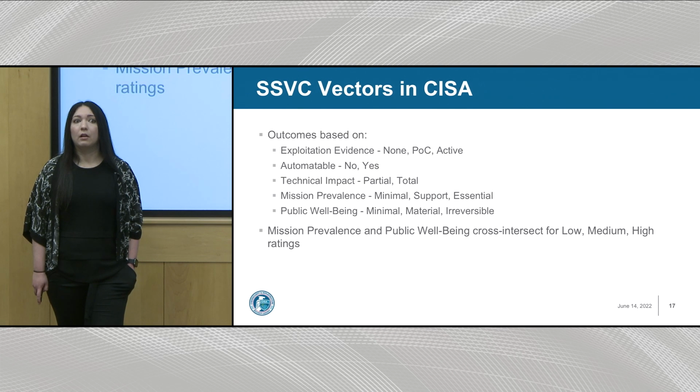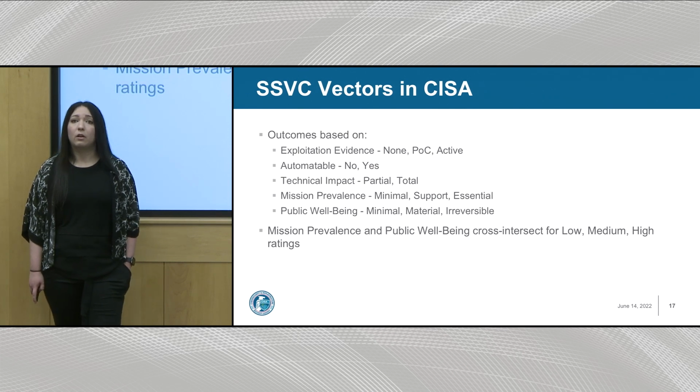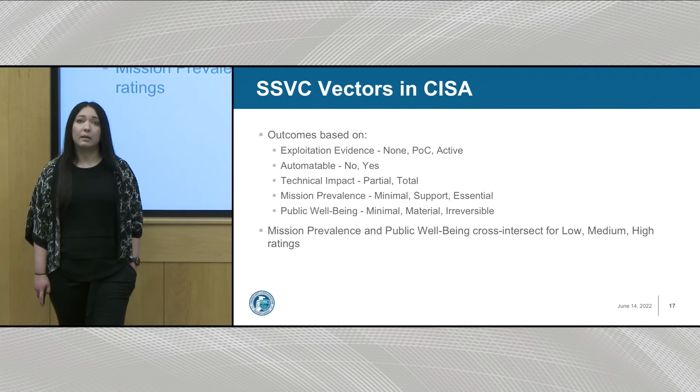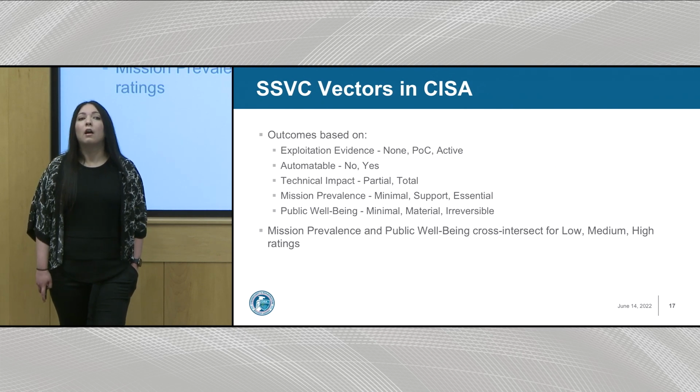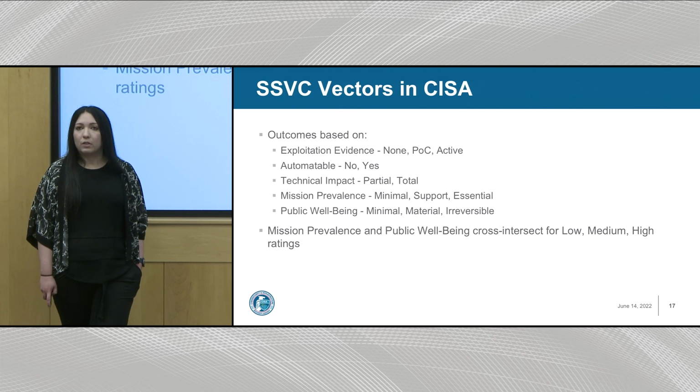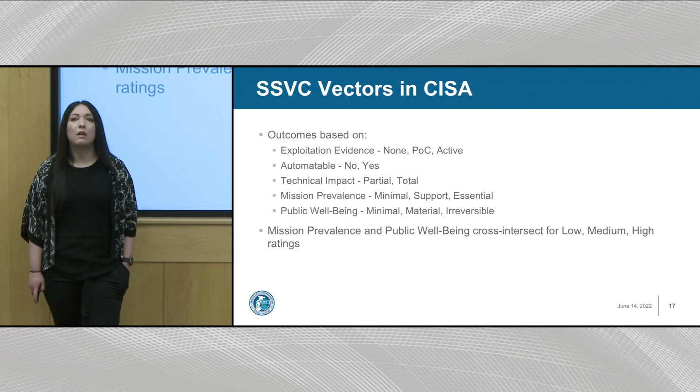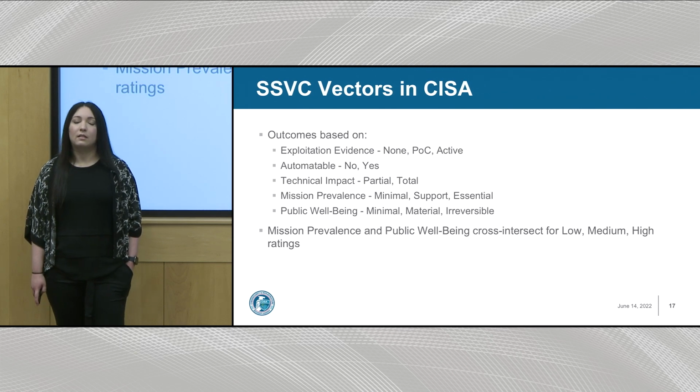Is the damage material? Do you experience financial loss? Are your customers' personal information being exposed? Minimal. It doesn't meet either the requirements for irreversible or material. And again, you can find more examples and clear definitions in the SZA SSVC handout.